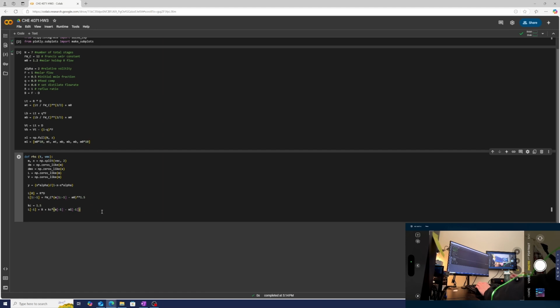So using this, it will use a proportional controller to change what our B will be.